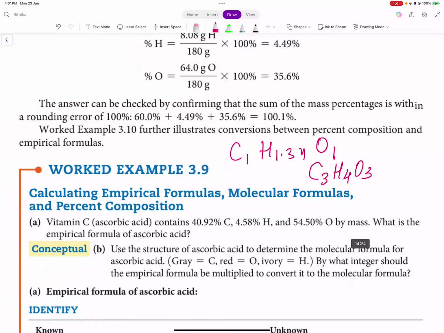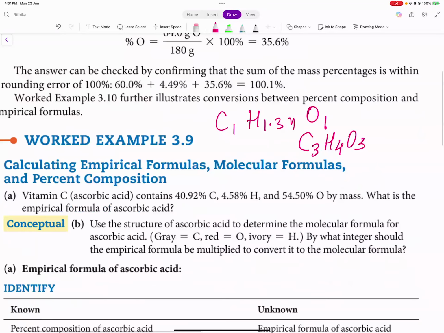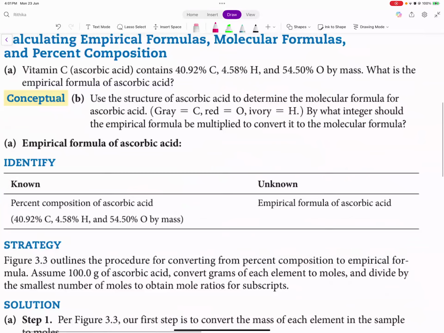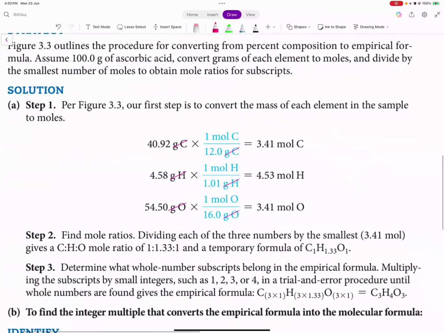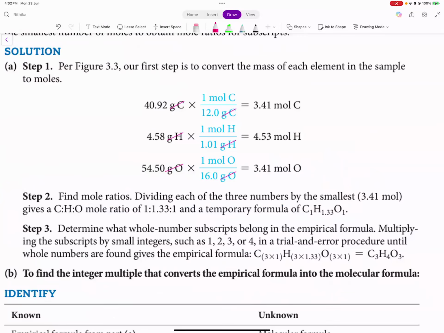Now here is the solution. Go through it, read it, and when you're done, let me know. Till here you have to read. While writing, do I have to write 1 mole C divided by 12 gram C? No, we will just do it like this only: 40.92 gram divided by 12 gram.